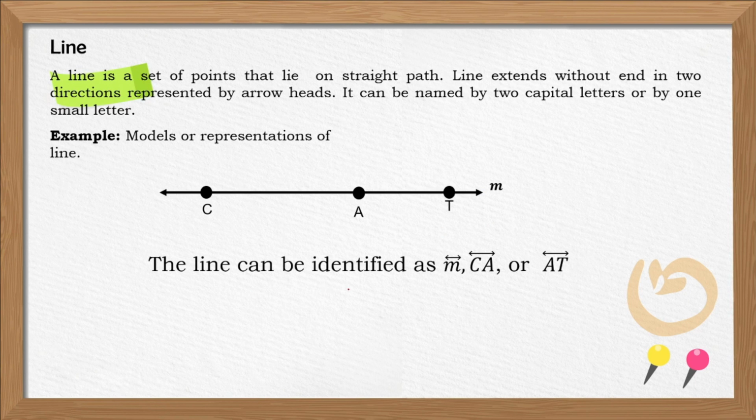So the line can be identified as line m, line CA, so we can use these two capital letters, or line AT, we can use this letter A and point T, or we can also use CT. So line CT. So we are done with point and line, and now we will proceed to plane.